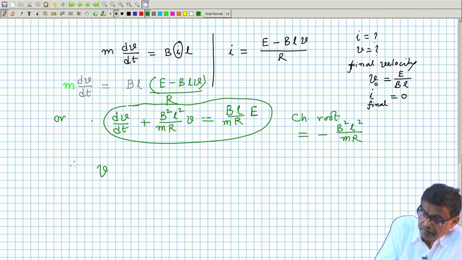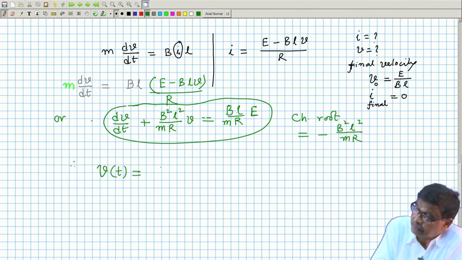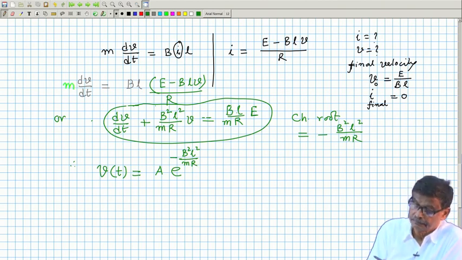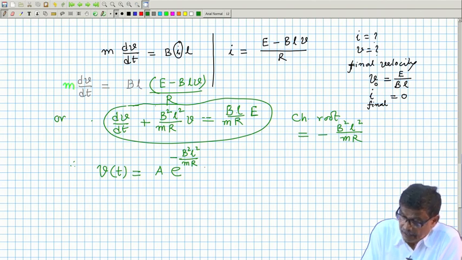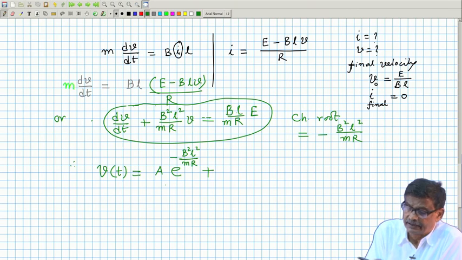Therefore, velocity at any time t will be equal to A into e to the power of minus B square L square by m R, this plus the steady state solution.